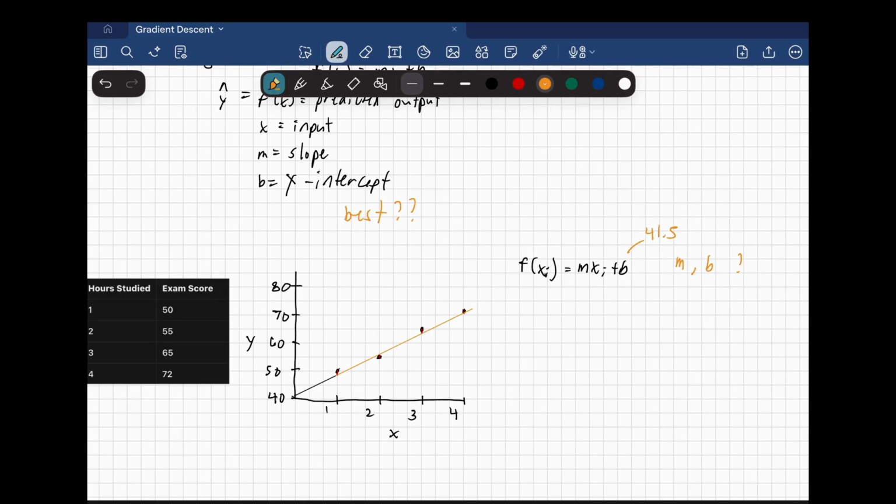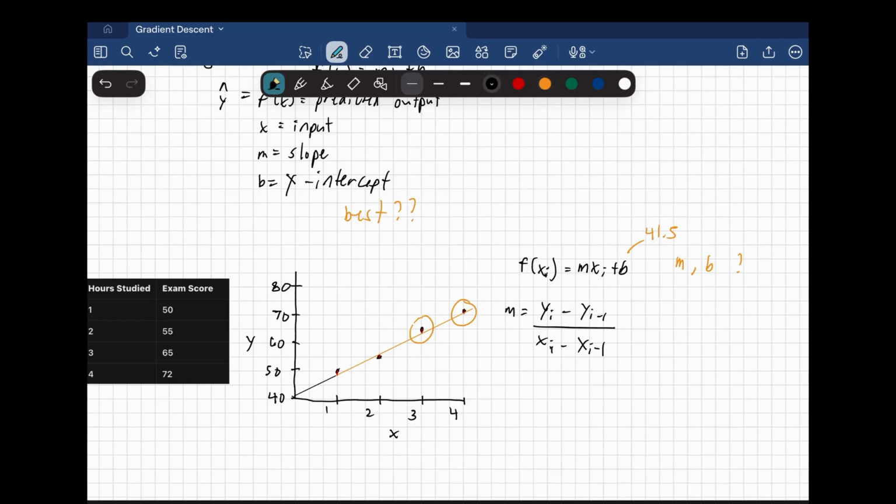And then to get m, or the slope, the formula for m is yi minus yi minus 1 over xi minus xi minus 1. So we just pick 2 points. For example, we chose this one and this one.